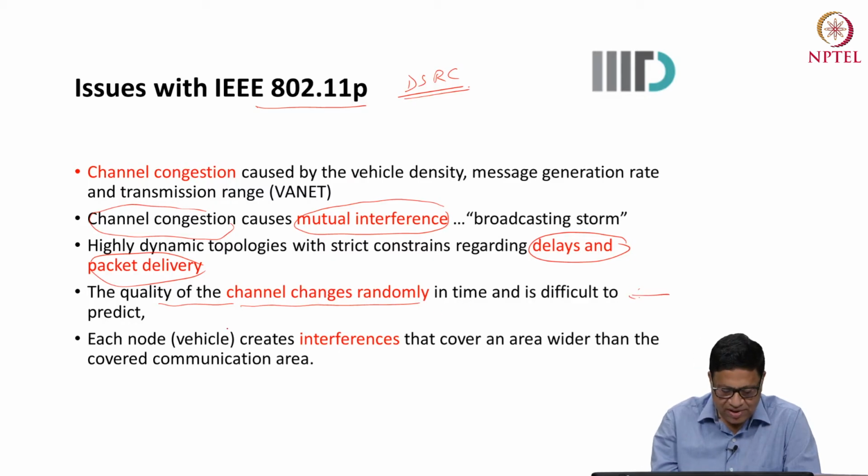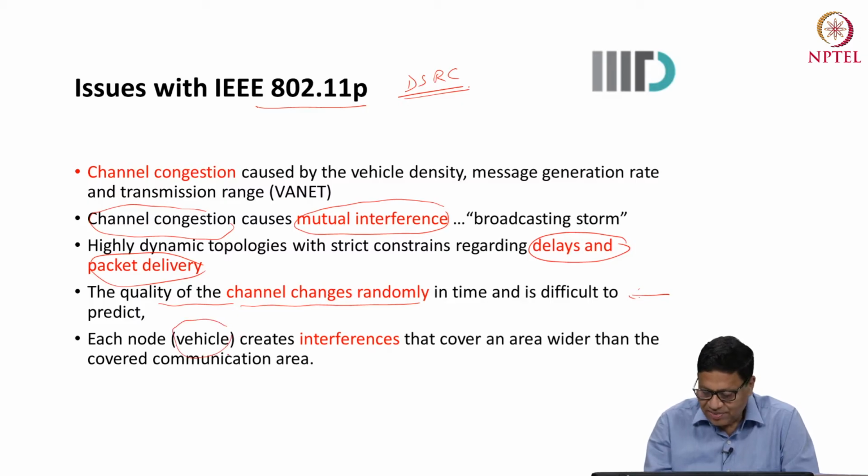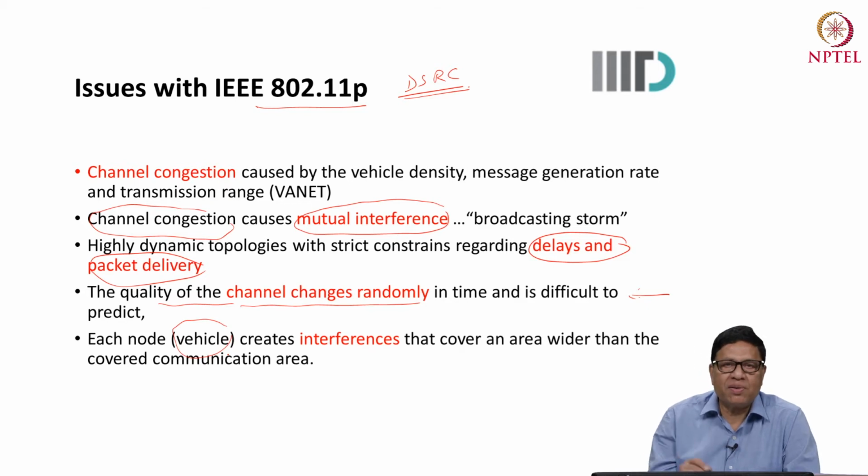And each node, because each vehicle is a node here, creates interference that covers an area wider than the communication range. So that node is a source of interference for the two vehicles which are communicating.